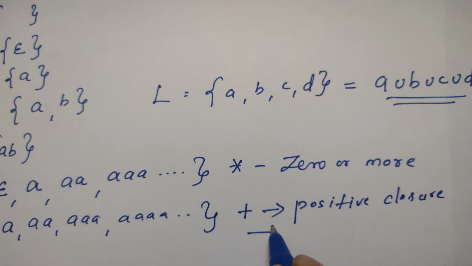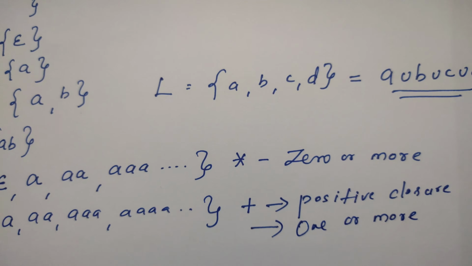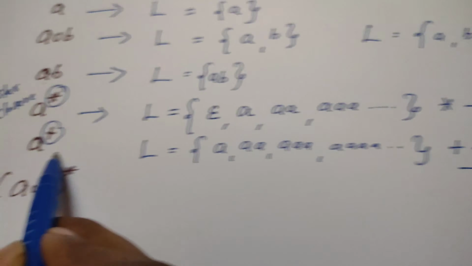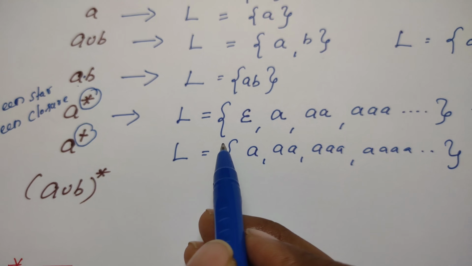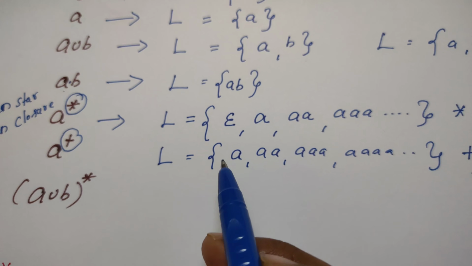This plus means 1 or more. So what is the difference between A star and A to the power of plus? The difference is that here epsilon is present, here epsilon is not present. That is the only difference.